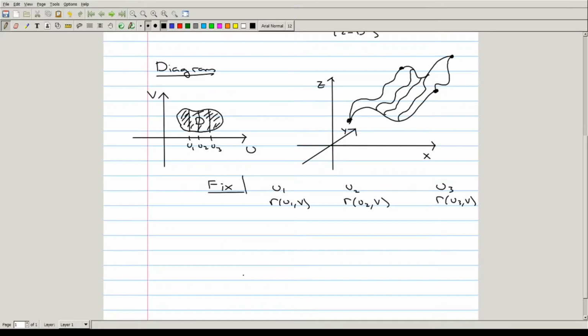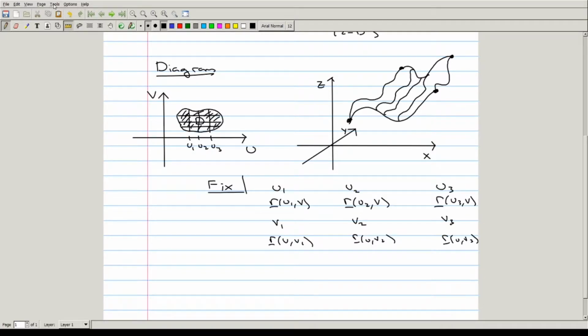And similarly, we can consider fixing three separate values of V. Sure enough, we'll get three separate parametric curves, R of U, comma V1, R of U, comma V2, and R of U, comma V3. So fixing these values correspond to a whole number of points in the U direction.